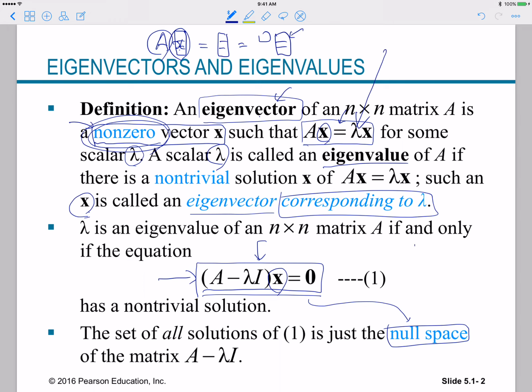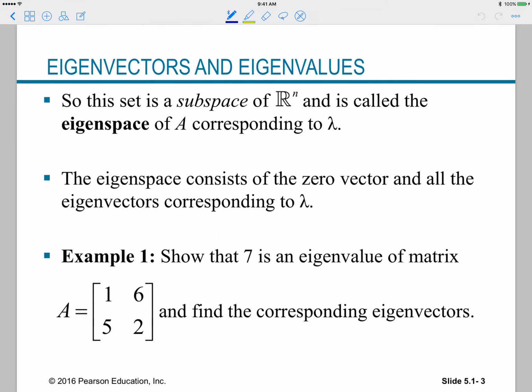So what was the null space? Null space was something like this: all the possible solutions satisfying this homogeneous linear system. So our eigenvector belongs to this null space of this matrix A minus lambda I.